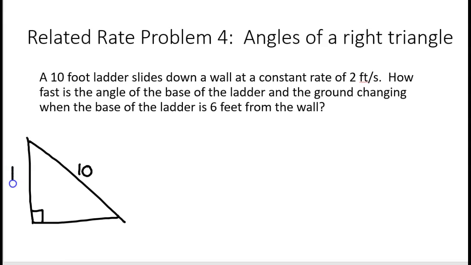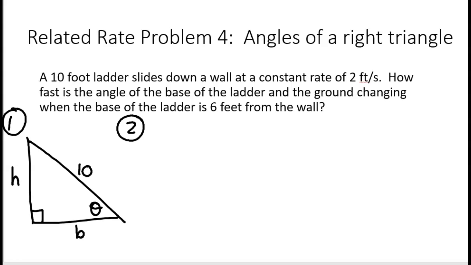The story problem talked about the height of the triangle. It talked about the base of this triangle. And it's also asking us about something that hasn't been asked yet about right triangles for us, and that is the angle that the ladder is making with the ground. And so when we have this kind of a situation, we want to be using SOH-CAH-TOA. All right? But there's our picture. All right. Let's go ahead and do step 2.